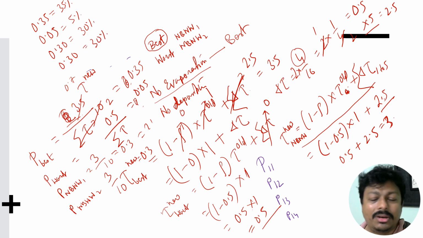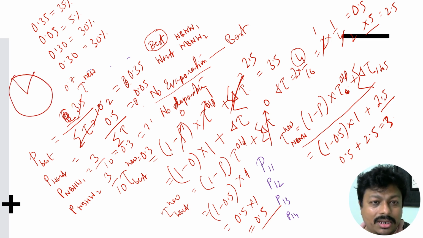Just multiply them by 100. So the best path is carrying 35%, this will be 30%, not to scale please, and this is 5%.